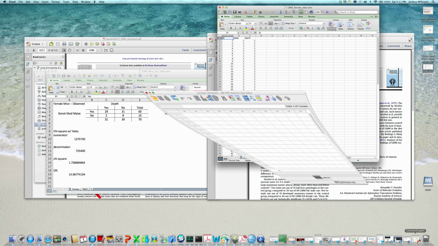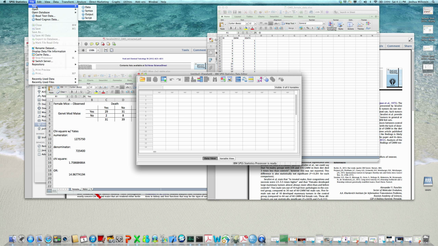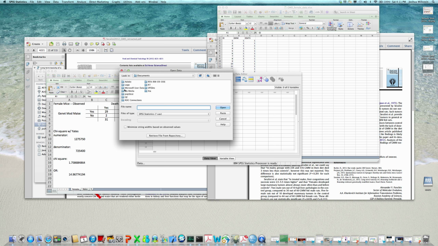So I have an instance running here, and I will import the data, open data, and I need to find the data set. So it's an Excel file, so I'll select Excel.